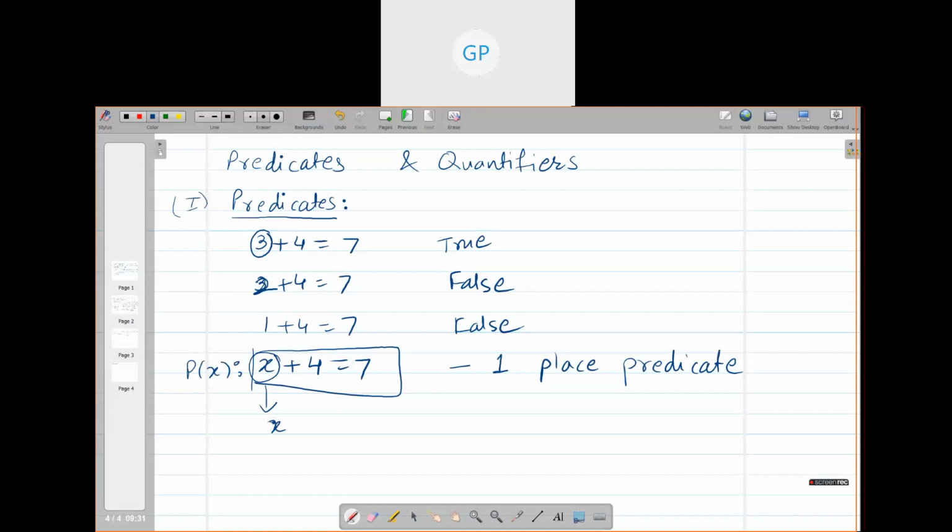If you put x equal to 3, then it will become true. If you put any other value from the whole real line, it is going to be false. Understood? X not equal to 3, it is going to be false. So until you substitute the value of x, you cannot call this a statement. Do you understand it?